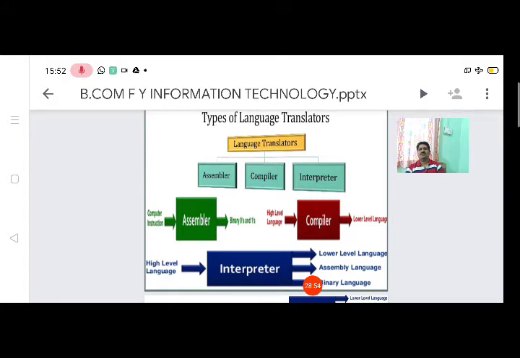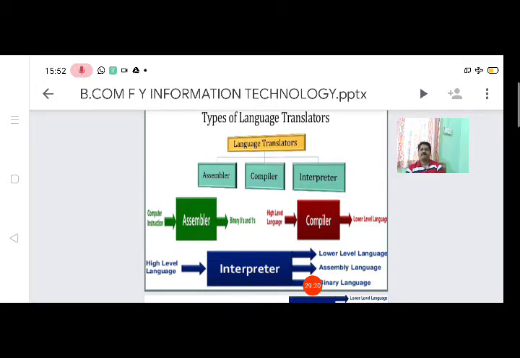There are three types of language translator. First is the assembler, then the compiler and the interpreter. What is a translator?